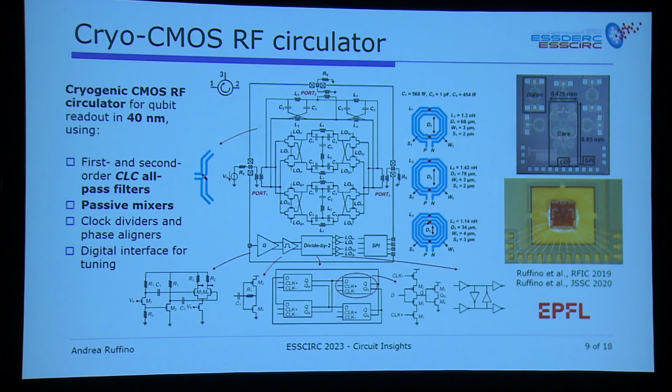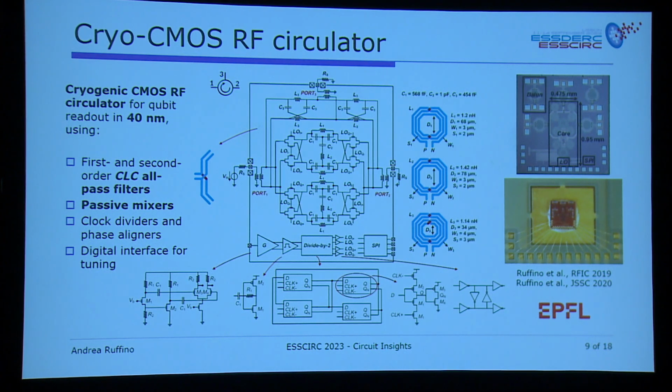Another example of a circuit is the circulator. A circulator is a 3-terminal device that creates a non-reciprocal transmission depending on the direction of circulation. And a cryogenic CMOS circulator was designed in 40 nanometer technology, and in this circuit, again, I employed some RFIC building blocks, such as first and second order CLC all-pass filters.